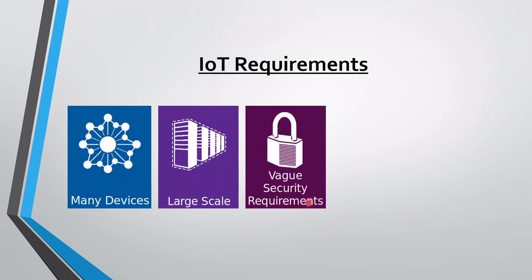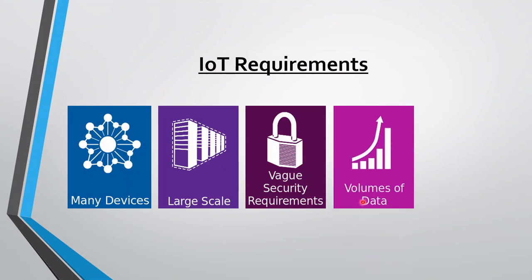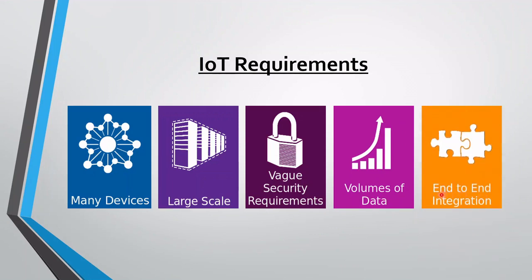No one must be able to get the data and hack our network. Next one is volume of data. A large amount of data will be flowing across the devices, so we must take good care of it. Next one is end-to-end integration. It is most important in IoT because data must flow from one end to another with integrity. That is, the data must remain the same. The data must not change.